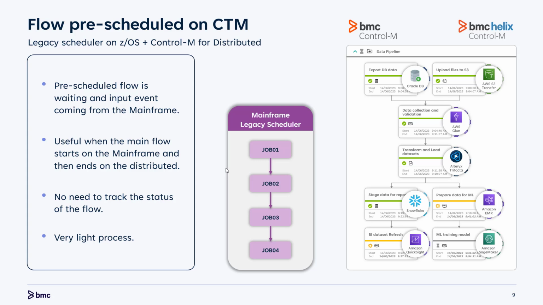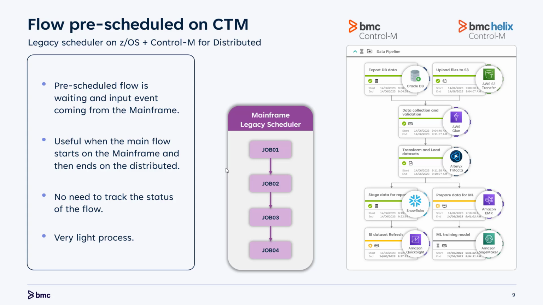Let's imagine we have a pre-scheduled workflow in Control-M. So again, we have a legacy scheduler running on the mainframe plus a Control-M for distributed. On the right, we have represented a data pipeline workflow, which is a bit more complex than before.